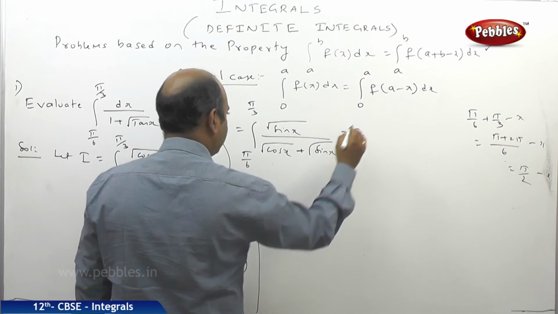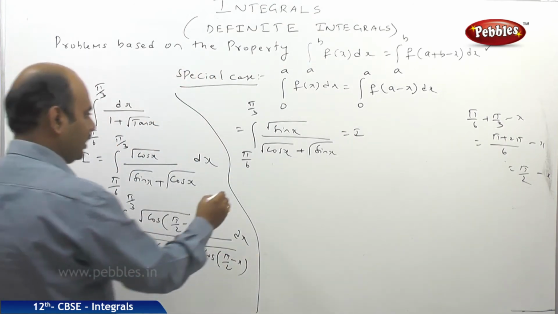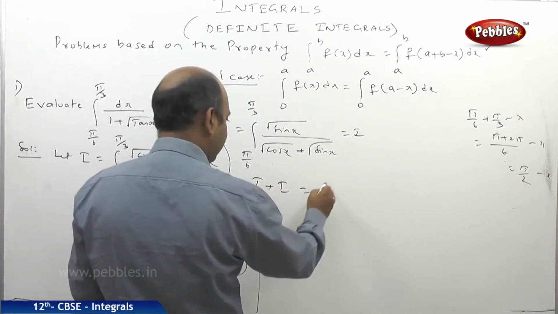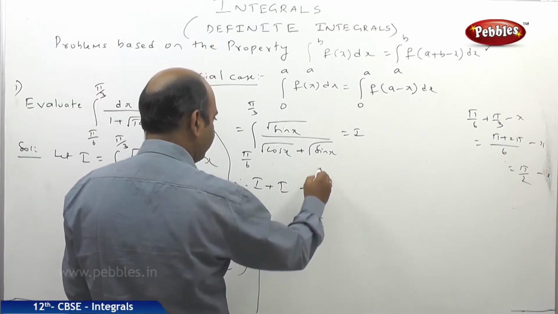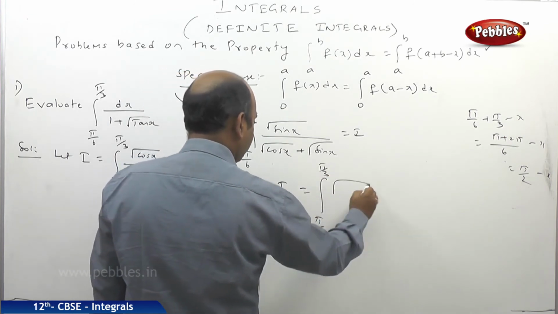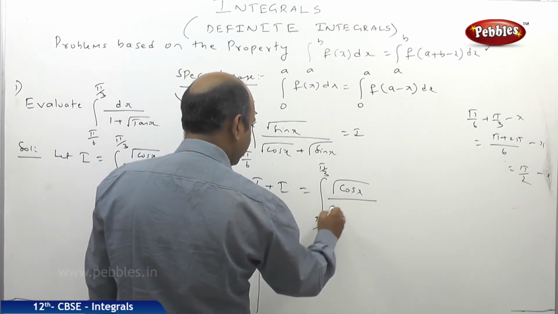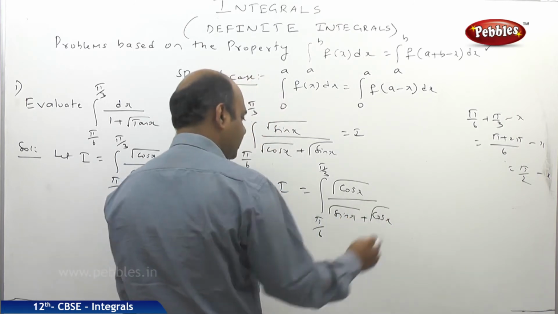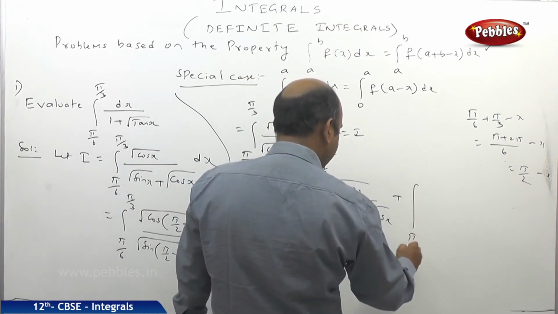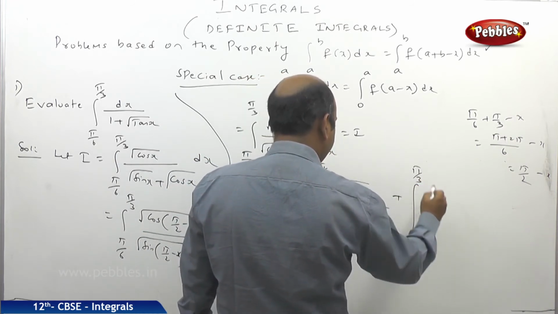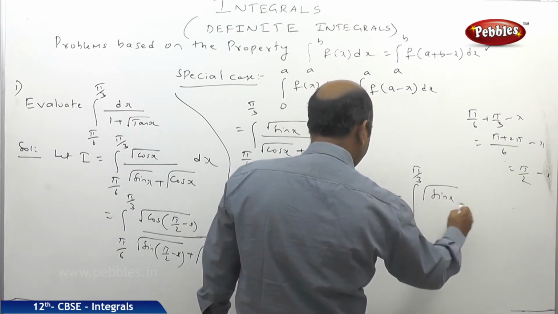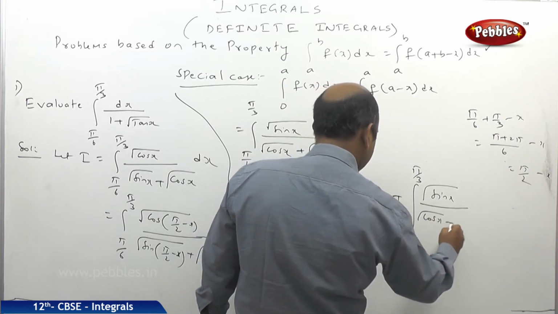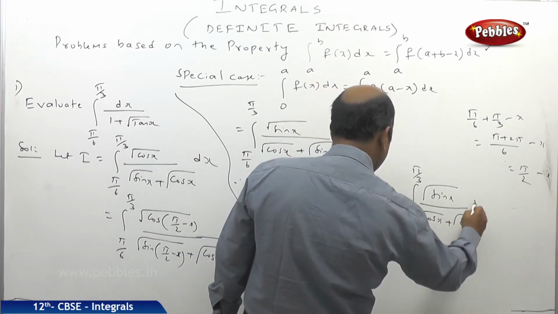So this also I call as I. Therefore finally, I will consider I plus I. One I I will take as our original, pi by 6 to pi by 3 root of cos x divided by root of sin x plus root of cos x.